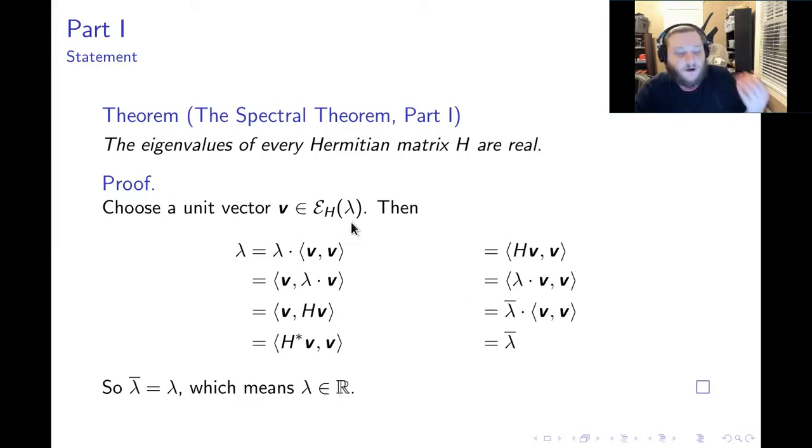So we started with an arbitrary eigenvalue of this Hermitian matrix, and this argument tells us that that eigenvalue is guaranteed to be a real number. So this is the first part of the spectral theorem. Any eigenvalue of a Hermitian matrix is guaranteed to be a real number.